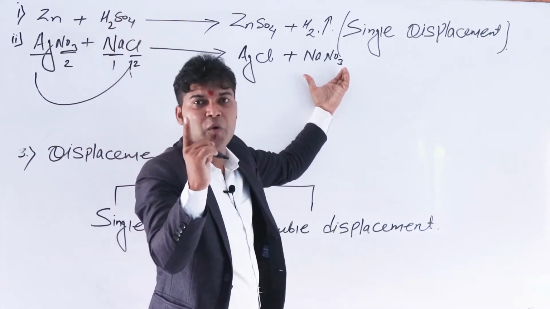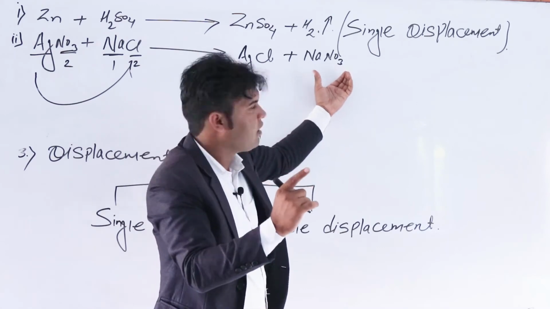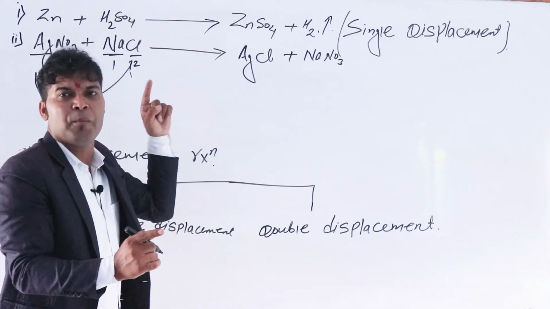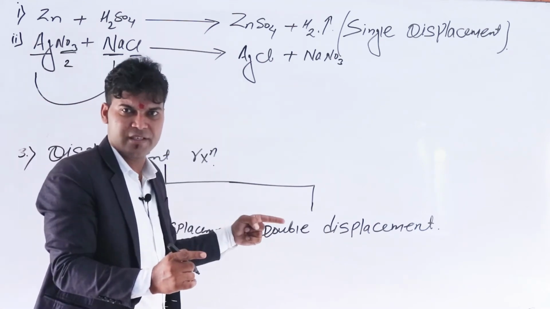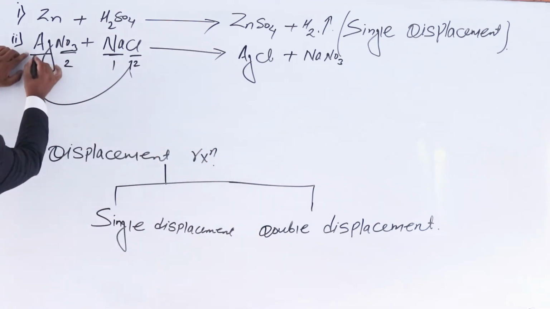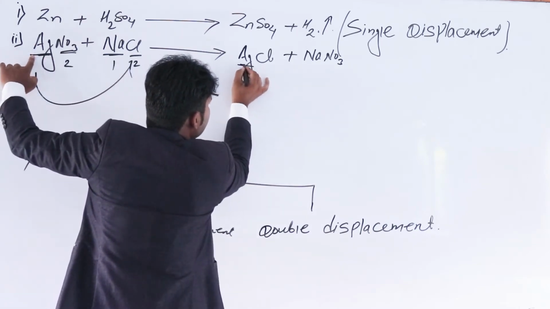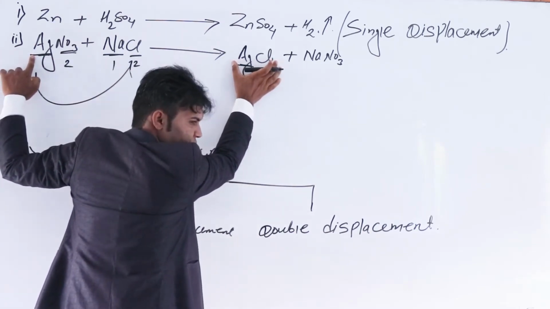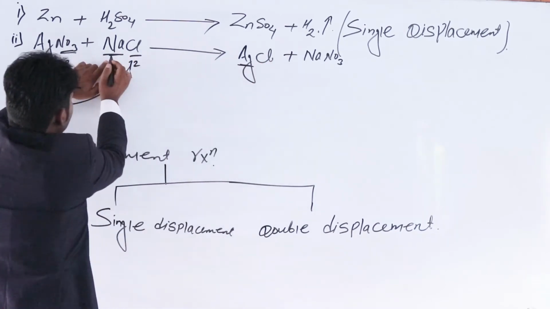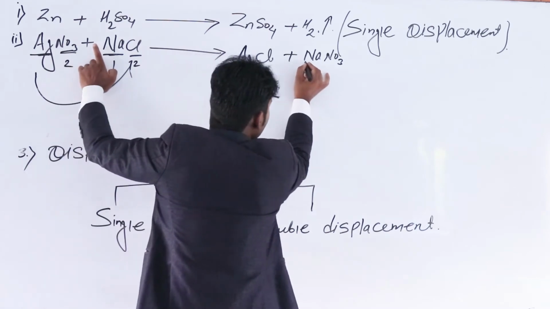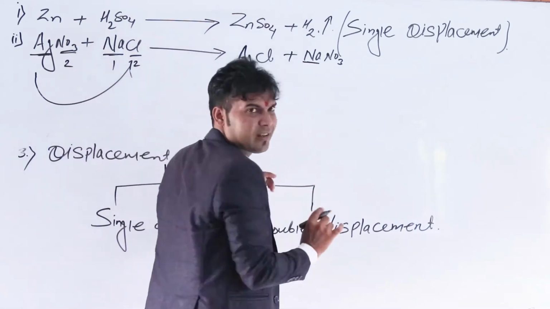Please remember one thing: always put the first compound in the first place in the product. The first element of the first compound, we write first in the product, and the first element of the second compound, we write in the product too, isn't it?